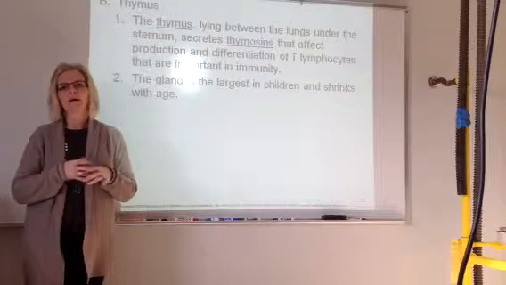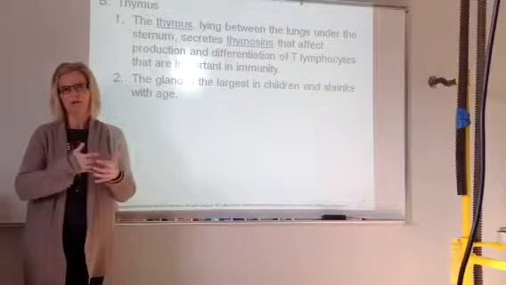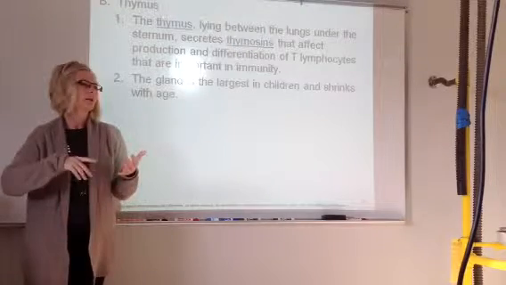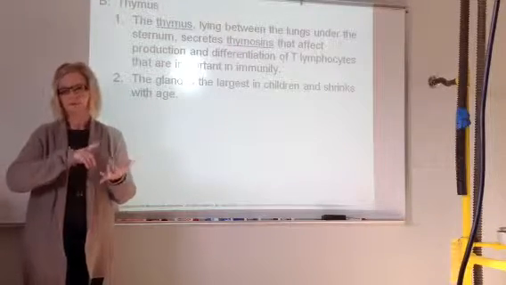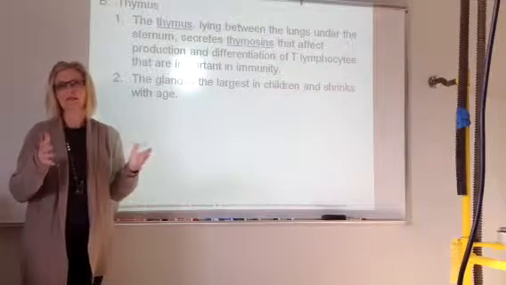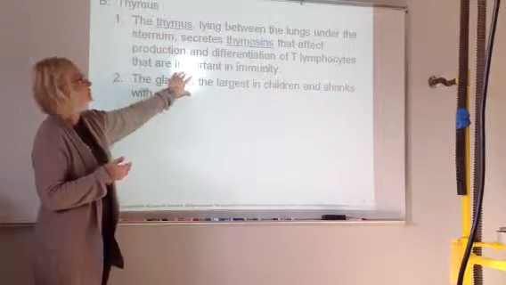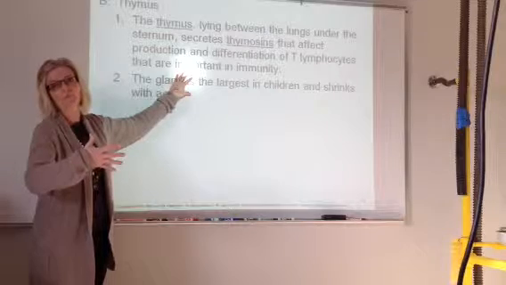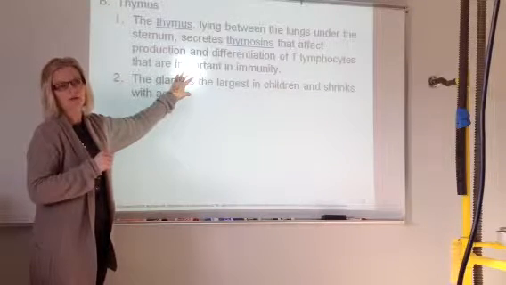So think about, as a child, you are introduced to the flu, you're exposed to strep throat, you're exposed to so many things as a young child. Your immunity is built up mostly at a younger age.